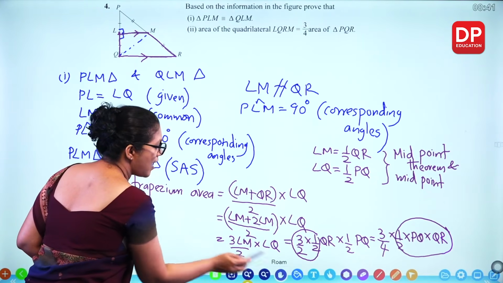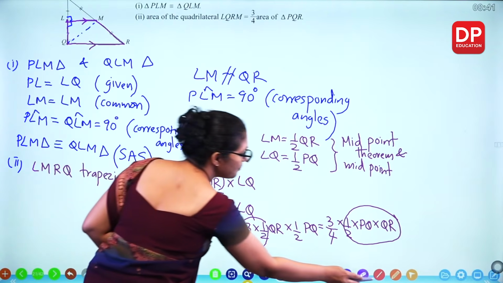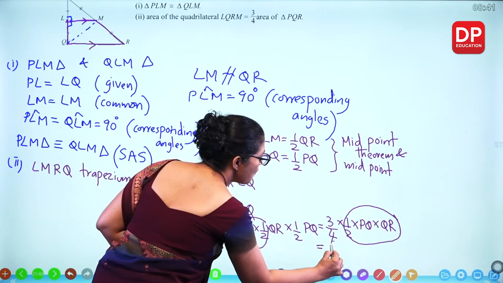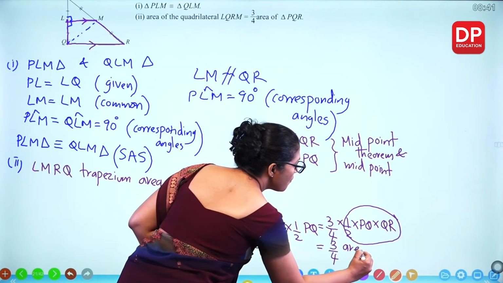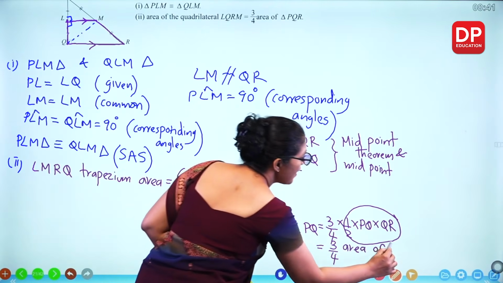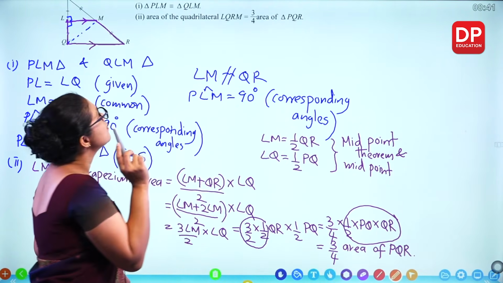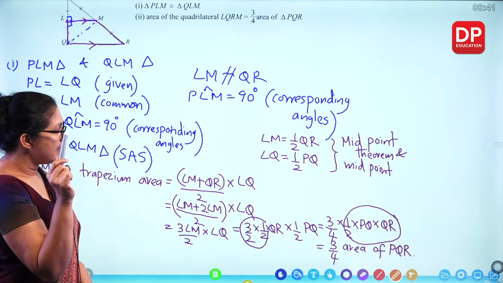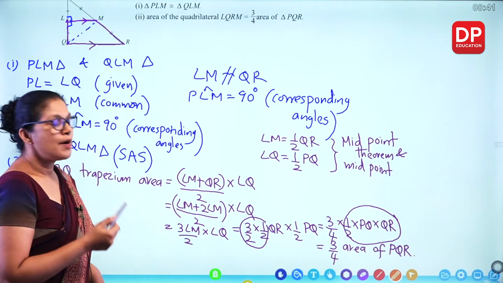So I can write this one is 3/4 of area of PQR triangle. So that's what they want. So the area of the quadrilateral is equal to 3/4 of area of PQR.